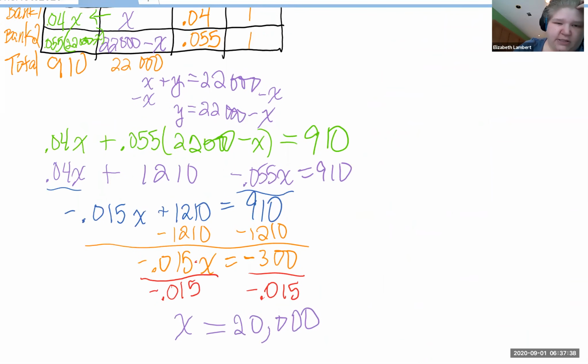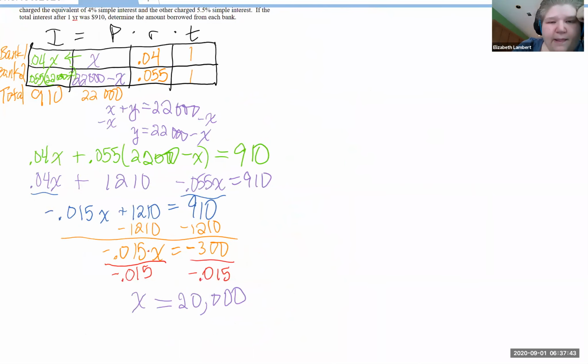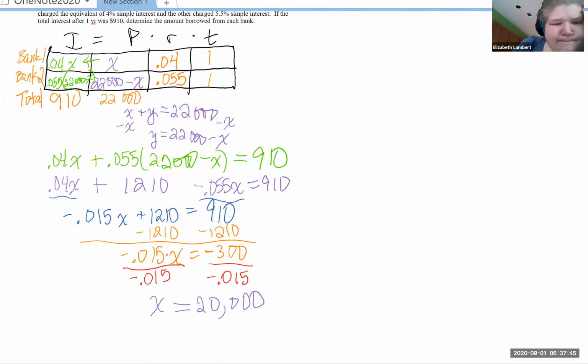So now we have to rewind, which I will do by zooming out. There. So we're saying he got 20,000 from the bank that had the 4% simple interest. Woohoo, go West. So knowing what we know about the other account, they have to total to 22,000.